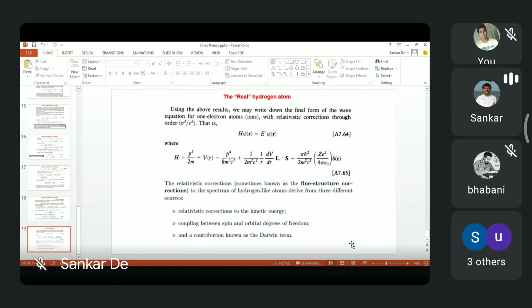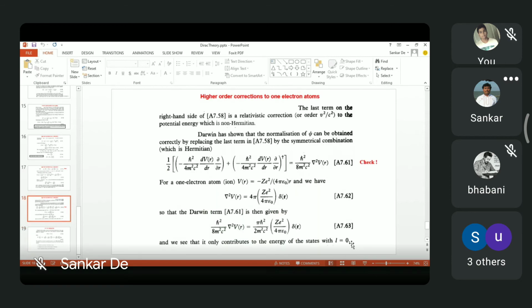Therefore, we can write H psi equal to E dash psi, where the Hamiltonian is p square by 2m plus Vr, minus p to the power 4 by 8 m cube c square, plus 1 by 2 m square c square times 1 by r dV by dr L dot s, plus pi h bar square by 2 m square c square times Z e square by 4 pi epsilon 0 times delta r, which all comes from this one. You can check equation 7.61.